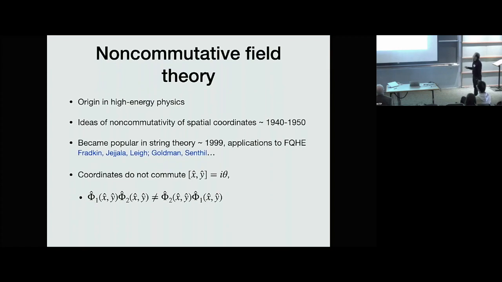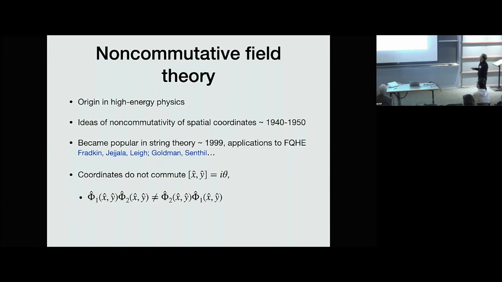And then later on, several people tried to apply non-commutative field theory to fractional quantum Hall effects, in particular Hart and Samtel were trying to build a theory of a bosonic quantum Hall state using non-commutative field theory. Now, in our case, I think non-commutative field theory can give us an interesting way to view the Tkachenko mode.